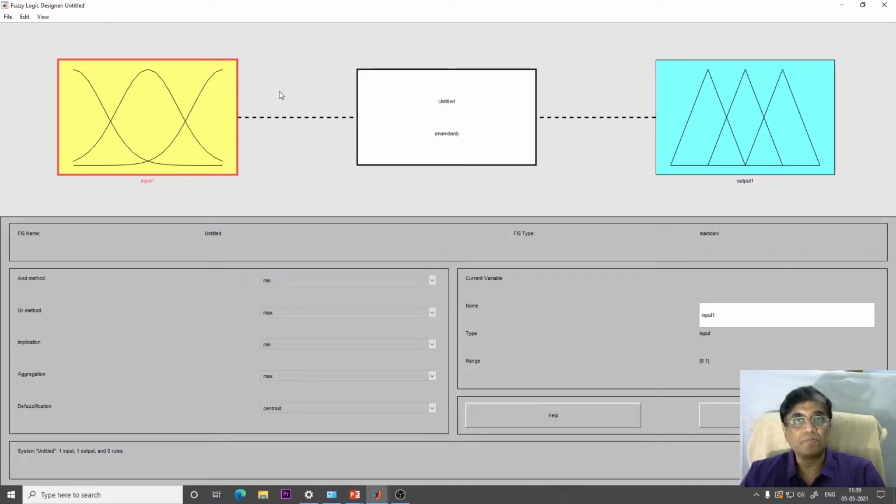It is very interesting to demonstrate how a fuzzy inference system can be designed. I'm going to take an example problem. Suppose for your birthday celebration with your friends, you have gone to a restaurant, which is of course forbidden right now. It is May 2021, and you can see all the lockdown and everything. But suppose it's a normal situation, and you went to a restaurant with your friends and are celebrating your birthday party.